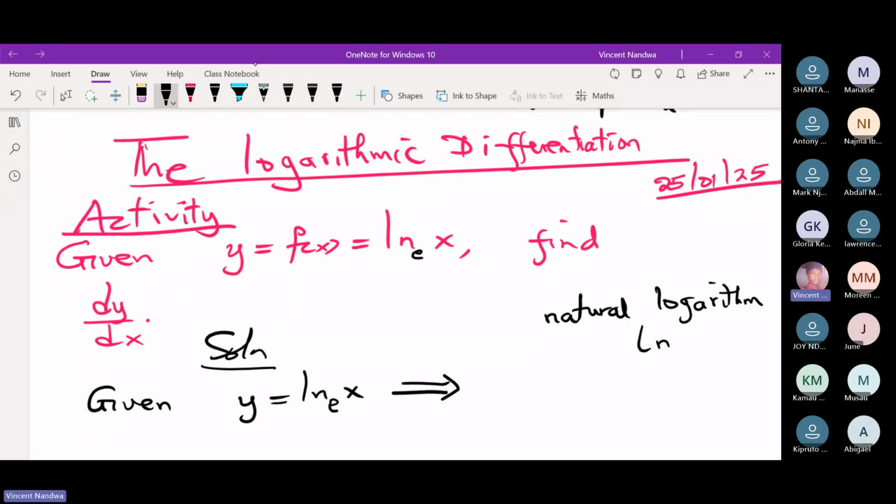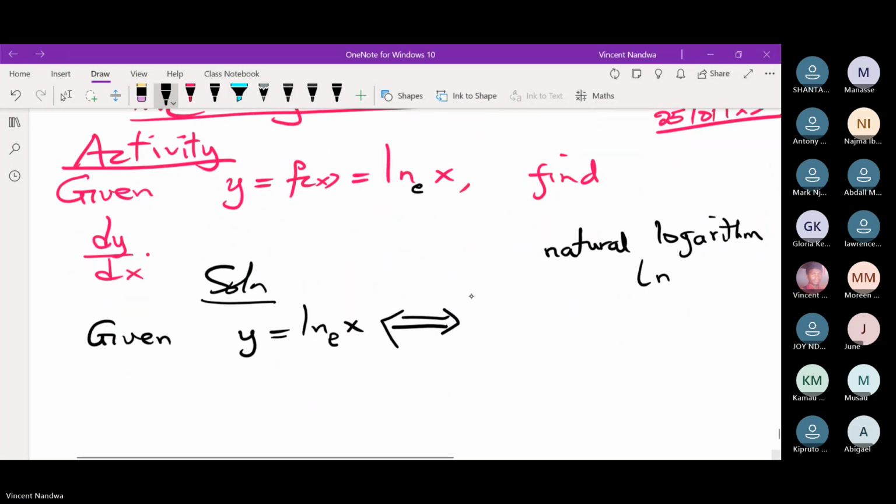we convert this statement from logarithmic form into exponential form. Just to recall, in your high school work, log of 100 to the base 10 is 2, and this statement can be converted into index form as 100 is the same as 10 raised to the power 2.